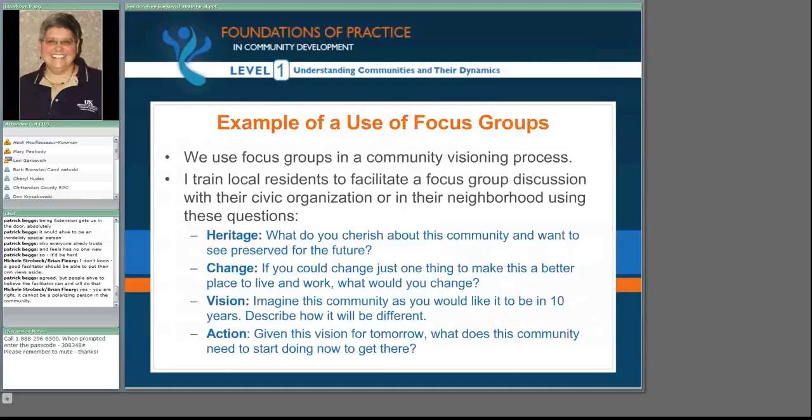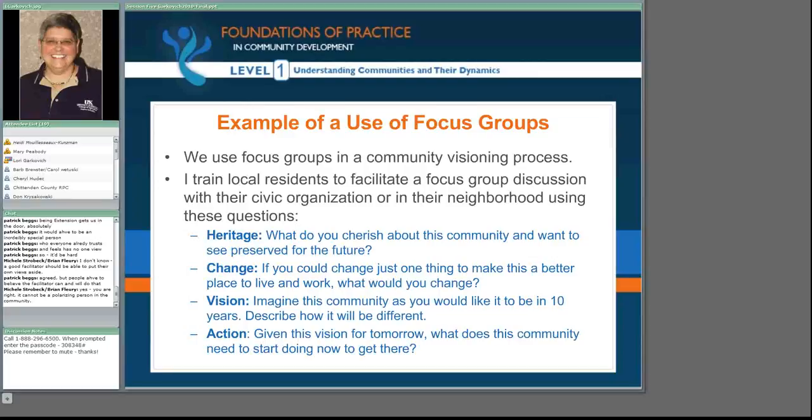But we ask them to identify someone who is willing to lead a group discussion back with them on the topic, future of the community. And then we also invite anyone else who's interested in serving as a facilitator to attend a training. Part of this is about, you're right, it can't be someone who's polarizing in their group.